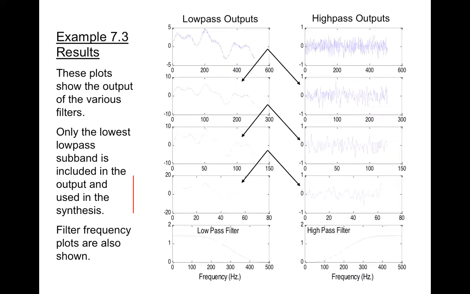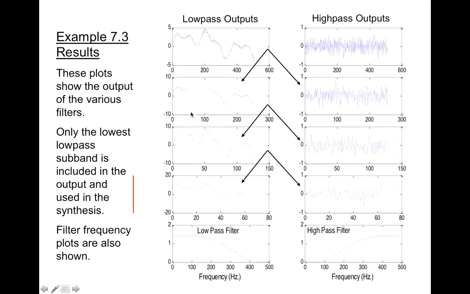So here is our original signal, and it's decomposed into its high pass and low pass part. And then the high pass part of the signal is retained, and the low pass output is decomposed into a low and high. And then that decomposition is decomposed into a low and a high, and then that decomposition is decomposed into a low and a high, and so on.